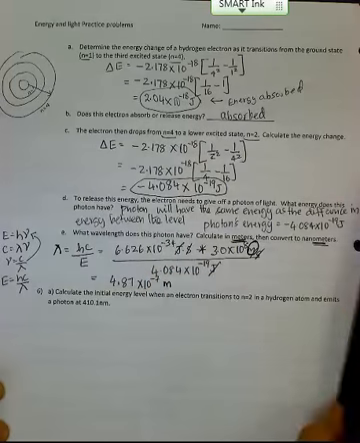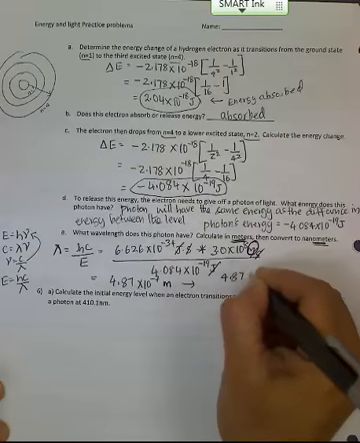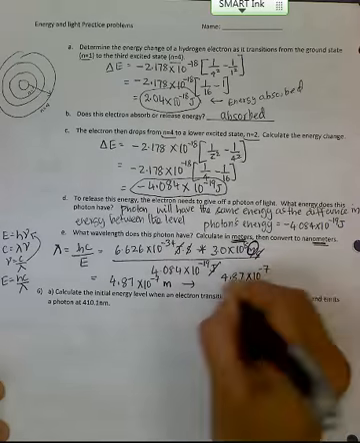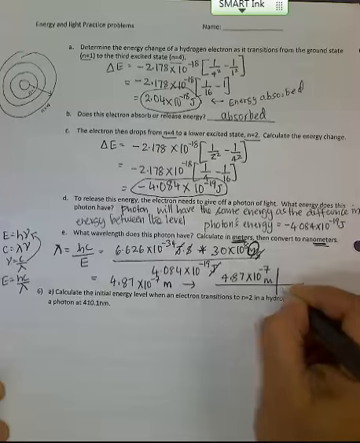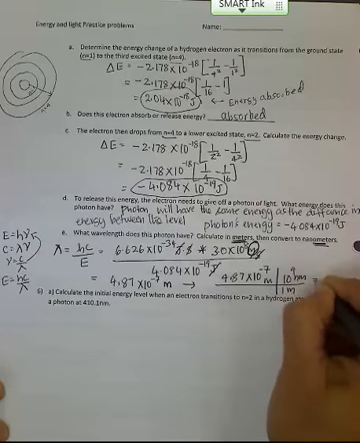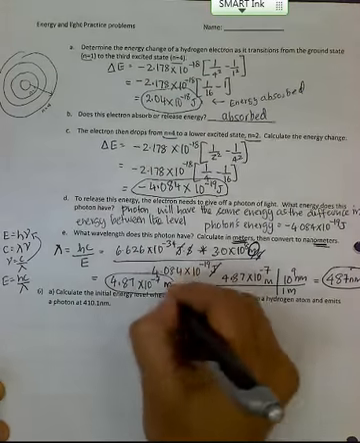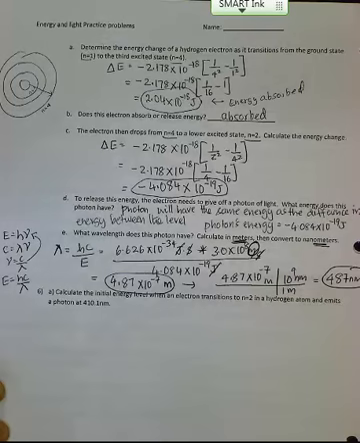In order to convert that into nanometers, 1 meter is equal to 10 to the 9 nanometers, and it works out to 487 nanometers. So that's my answer in nanometers, and that's my answer in meters.